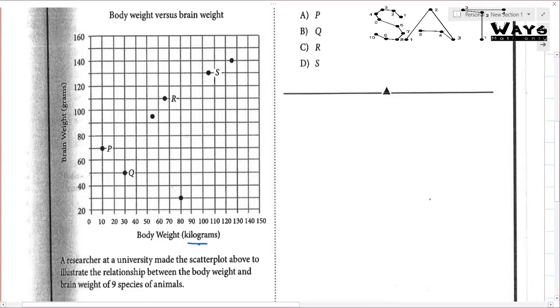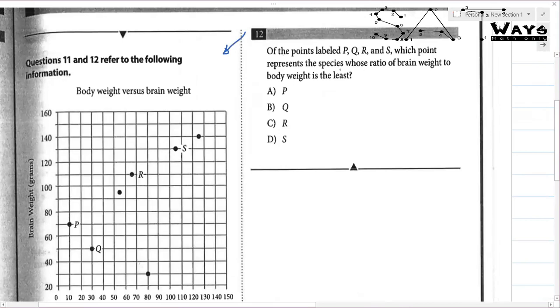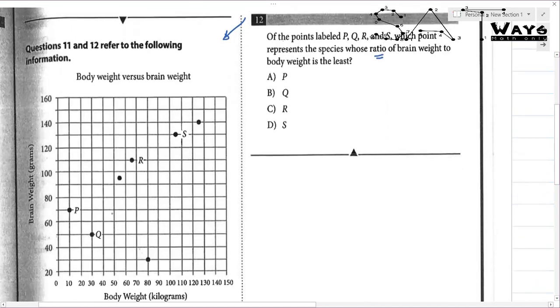All right. Here it is saying, of the labeled points P, Q, R, and S, which point represents the species whose ratio of brain weight to body weight is the least. The least one, which means the ratio. Here we have a ratio, so let's take the ratio of each one.